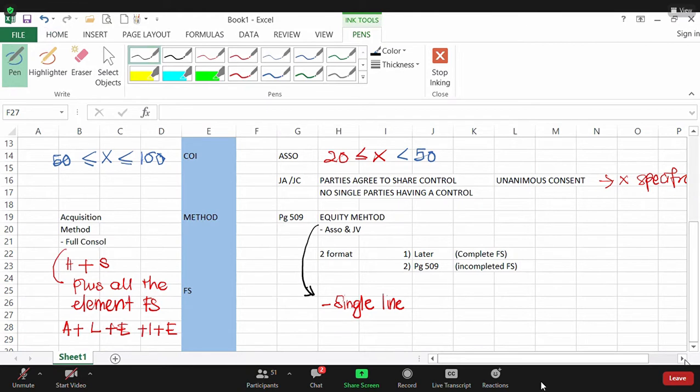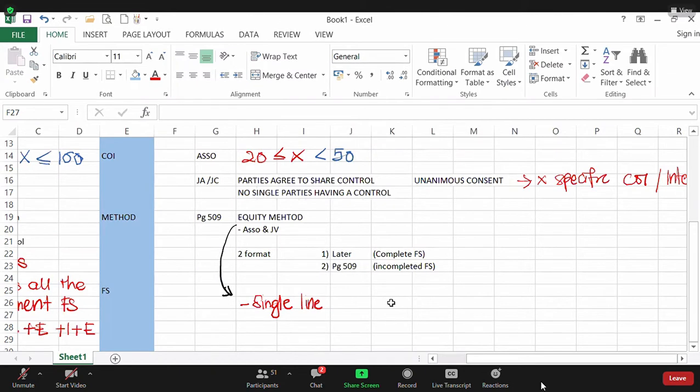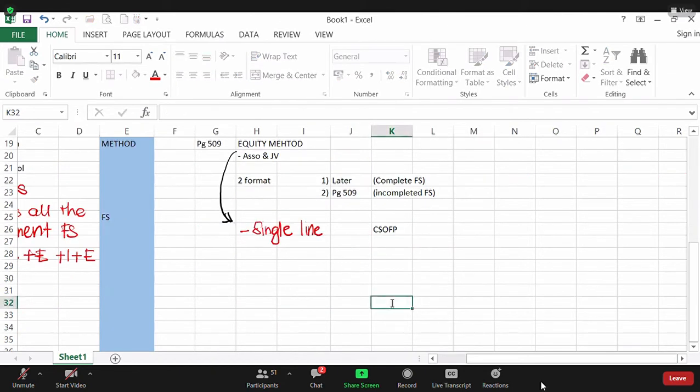Single line in the consol SOFP and also single line in the consol SOPL.